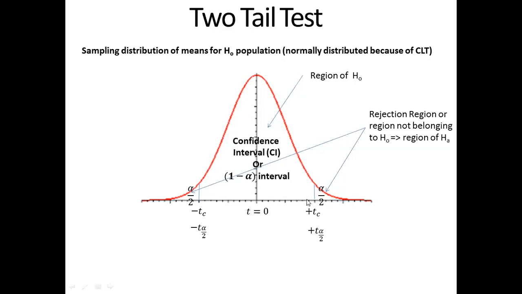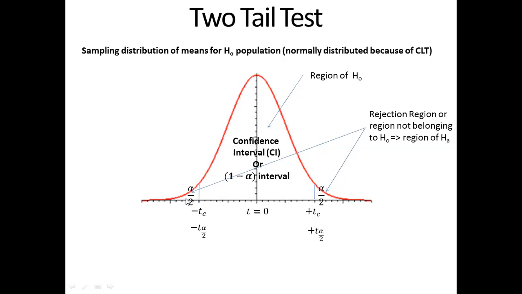So if it is coming on the right hand side of plus TC, or it is coming on the left hand side of minus TC, then definitely it would mean that that t value is part of the rejection region. And what does it mean? It means that our sample is in the part of the rejection region. And what does it mean? It means that our sample does not belong to the population of H naught. Rather, it belongs to the population of the alternative hypothesis.